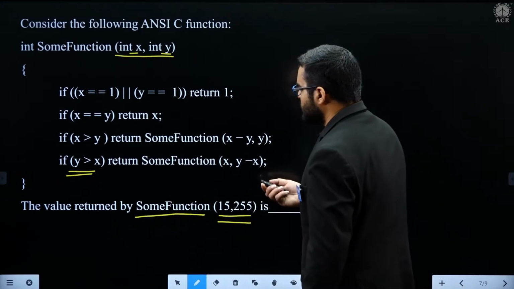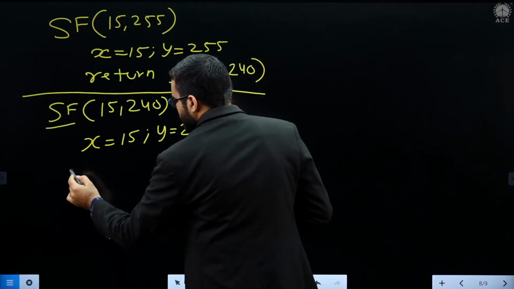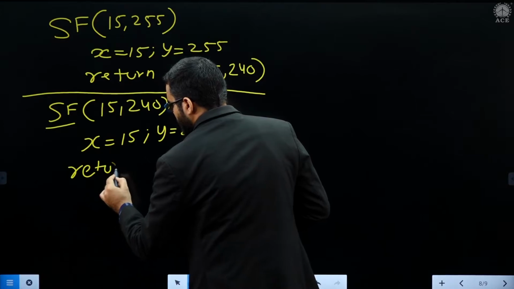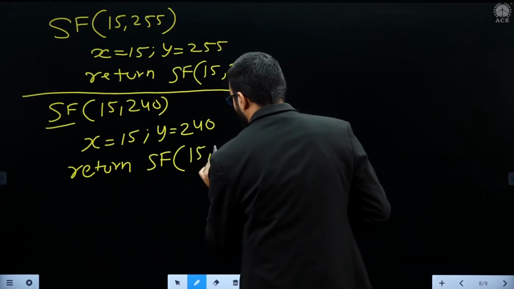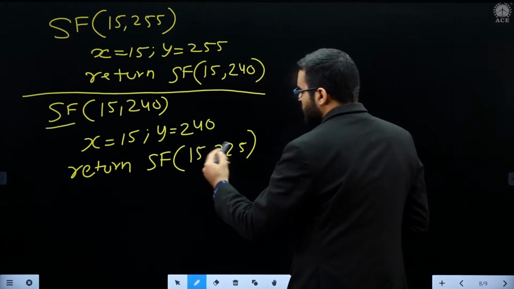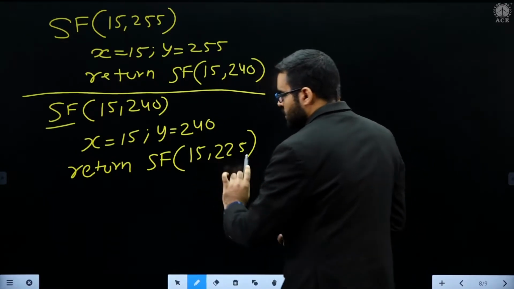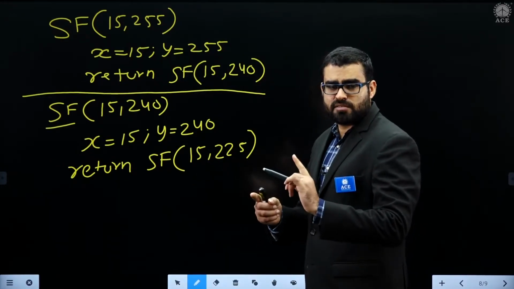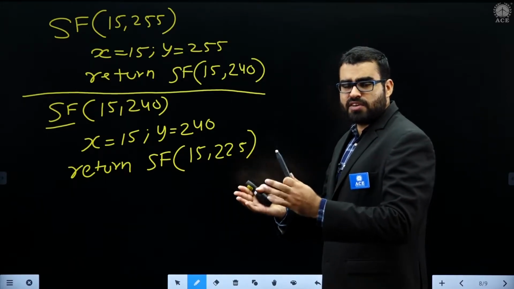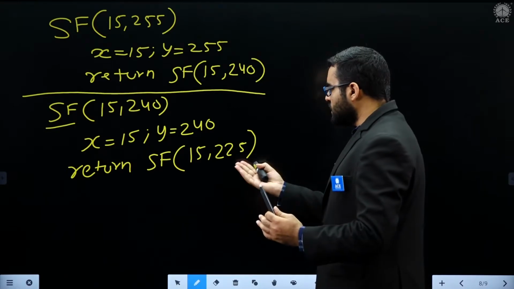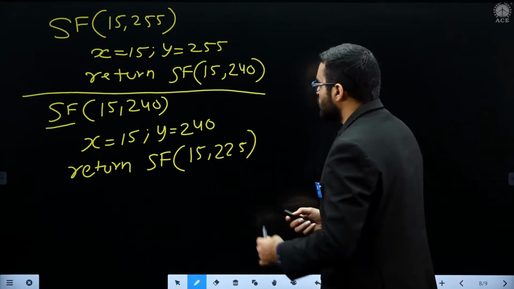So when I call this, it will return SF of 15 comma 225. Every time, whichever value is greater, we subtract the other from it: if x is greater, we subtract y from x; if y is greater, we subtract x from y.